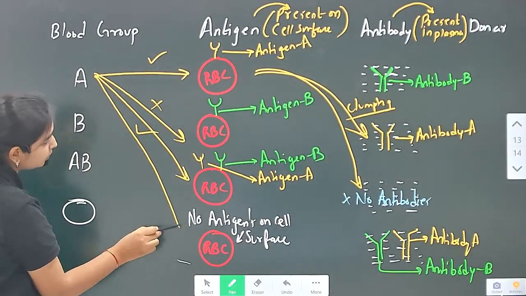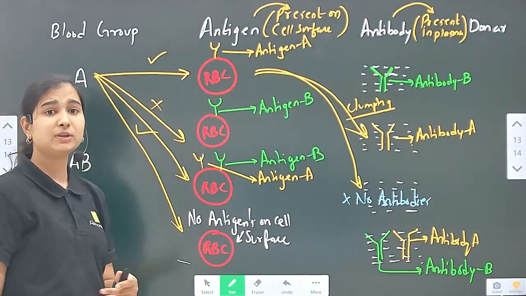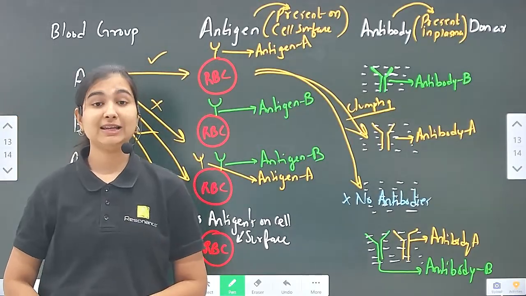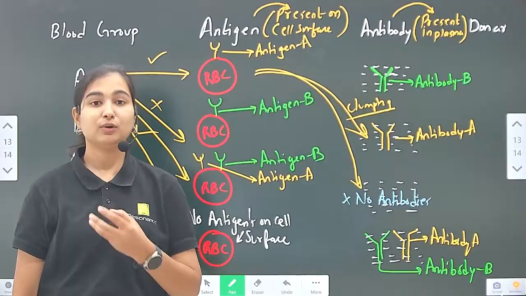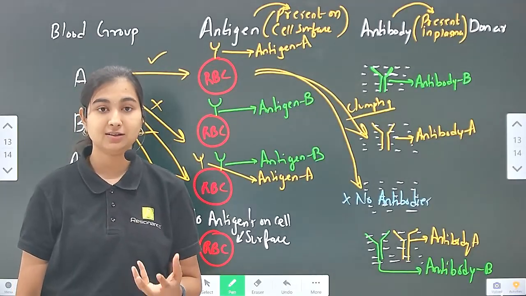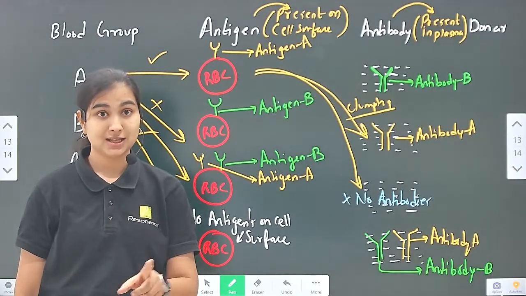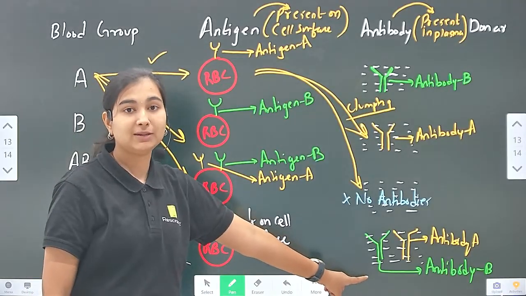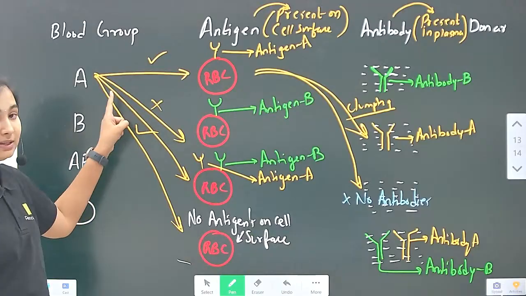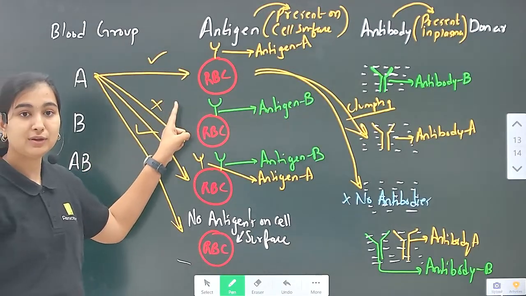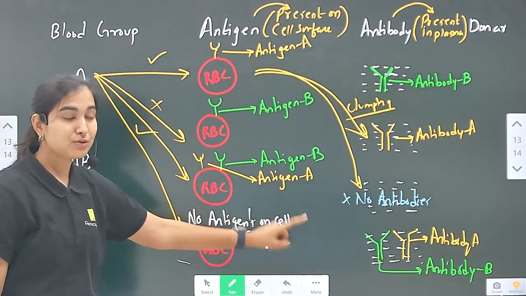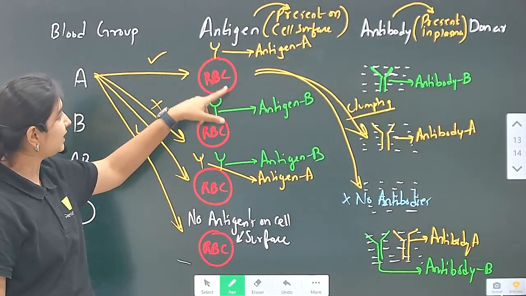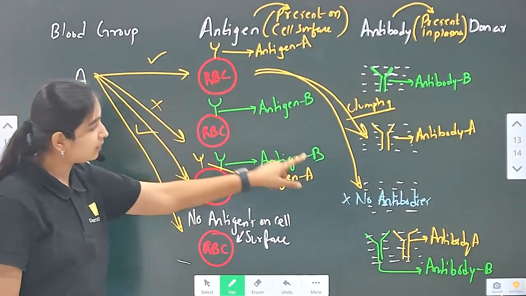What about the O? Can A donate to O? What exactly is there in the O blood group, students? Here they don't have any surface antigens, but they have both the antibodies in the plasma. Now for example, if the A blood group is getting transfused to O, the RBC containing antigen A will go into the plasma.